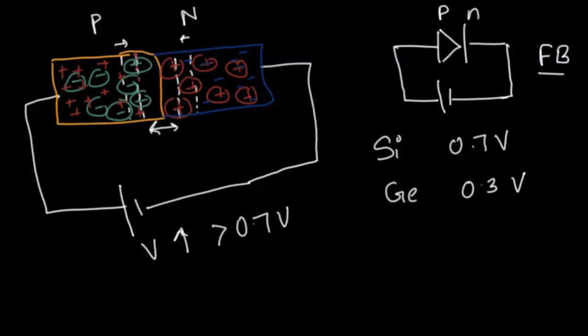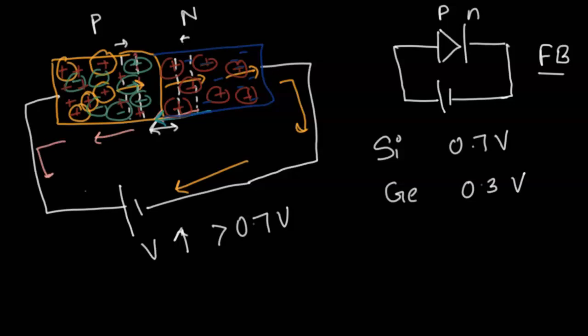So what happens is that these holes have enough energy, they break the barrier, they move forward, and they get attracted to the negative side of the supply voltage. Similarly, these electrons break the potential barrier and get attracted to the positive side of the supply voltage.